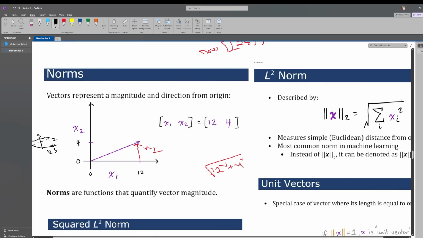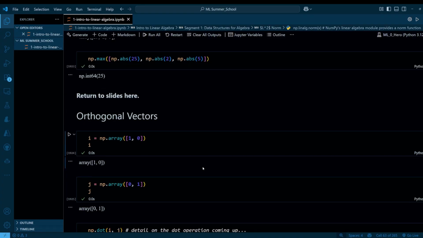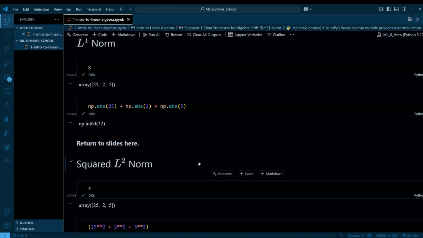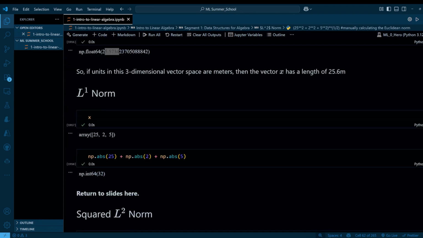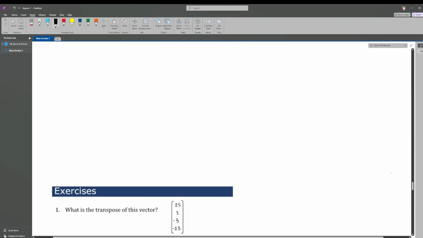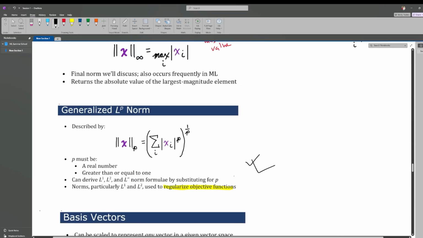This root basically means we have a power of 1 by 2, which we have used here. You can see the power of 1 by 2. That's it. So the generalized format is pretty easy. It is just p to the power 1 by p. That's it, simple as that.